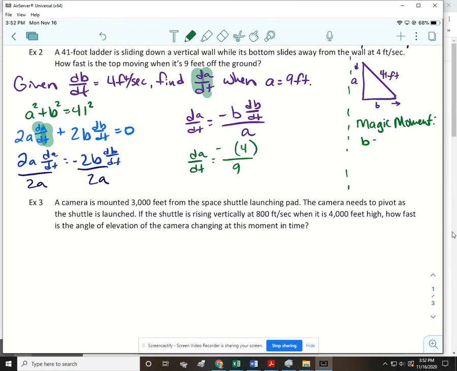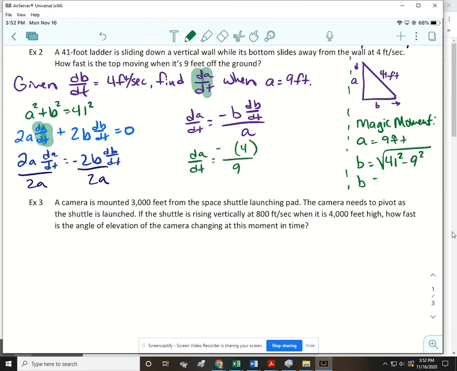I know that a is 9 feet and the ladder is 41 feet, so I need to find b. You might recognize that Pythagorean triple.